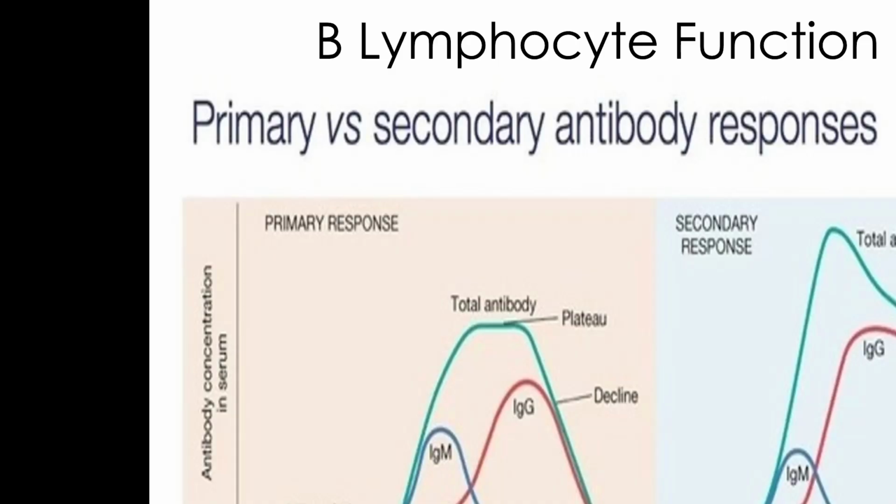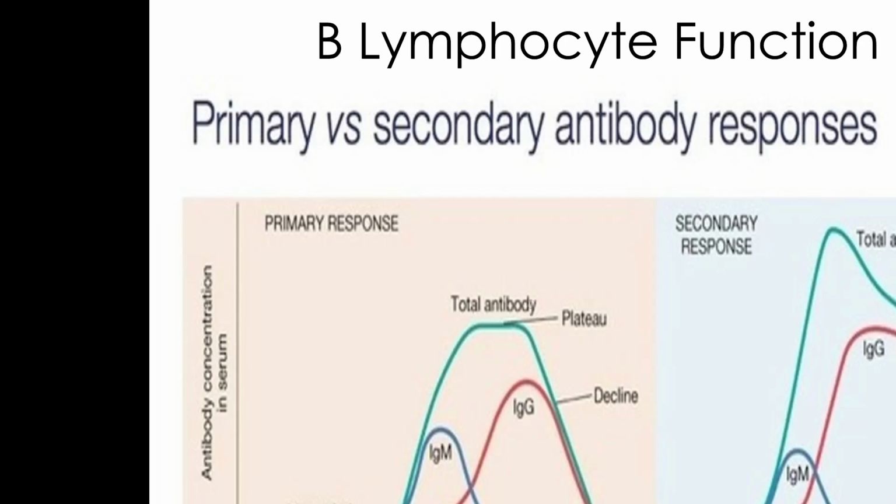So this is a really good presentation of what happens when you get the first response versus the second response. Notice the amount of antibody that you are creating overall, especially at the peak of about 15 days or so.